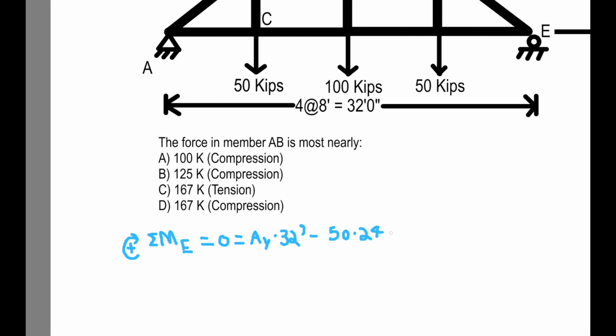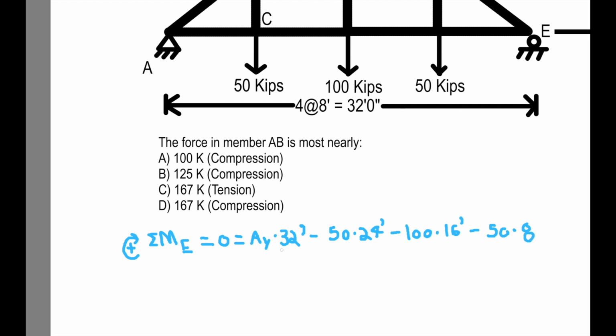Okay, and the next force that's going to cause a moment about point E is this 100 kip force acting in the center. So that's also going to be minus 100, and the distance that it acts away is 16 feet. And then finally, we're going to subtract the 50 kip force, minus 50 times 8.